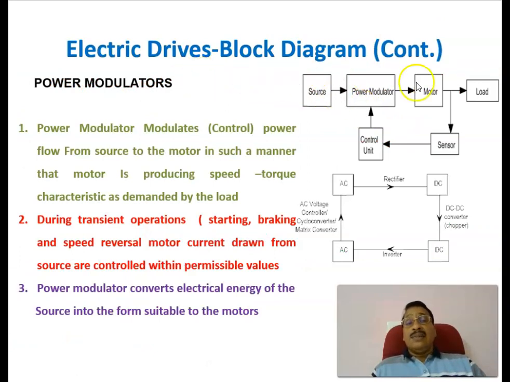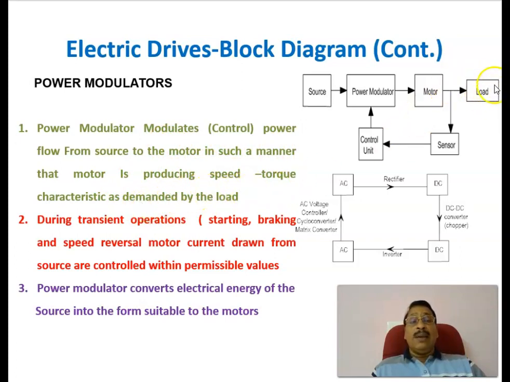In the previous slides, we have seen different types of motors, DC motor or AC motor, single phase or three phase, permanent magnet synchronous motors, etc. Now let us see what is the power modulator. What is the role of the power modulator? The power modulator modulates or controls the power flow from the source into the motor, in such a manner that the motor is producing the speed torque characteristics as demanded by the load.